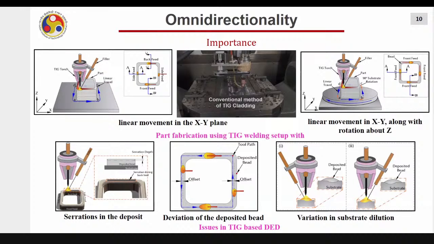The tungsten creates the arc and doesn't get consumed. From the side, a wire comes and is inserted into the molten pool. If I'm moving along a rectangular trajectory, what will happen?